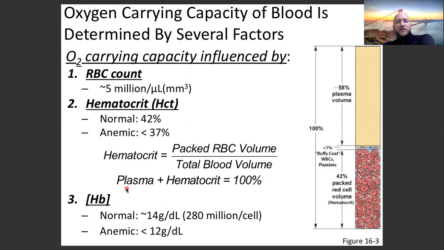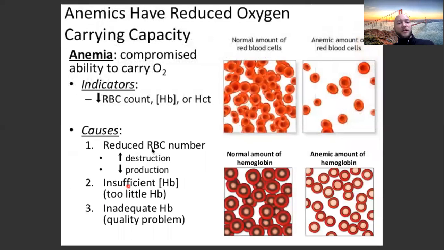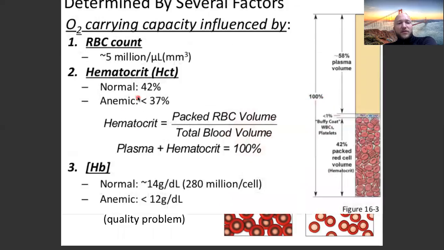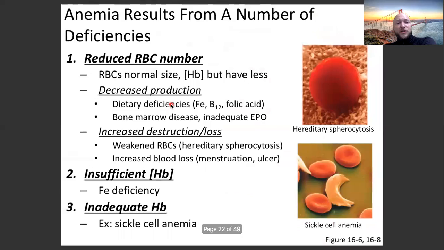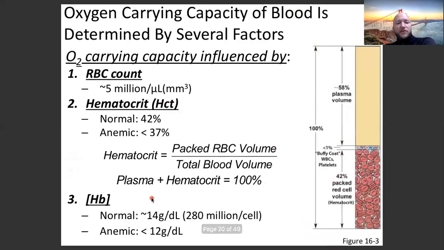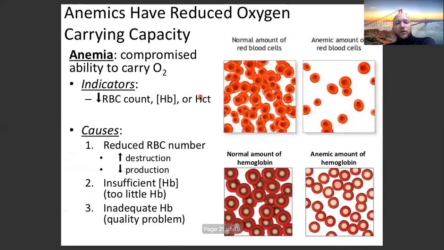If any of these are too low, it can lead to anemia, which is characterized by not being able to carry enough oxygen around your blood. So anemia is a compromised ability to carry O2. Indicators: low red blood cell count, so not enough red blood cells; low hemoglobin concentration; or low hematocrit.